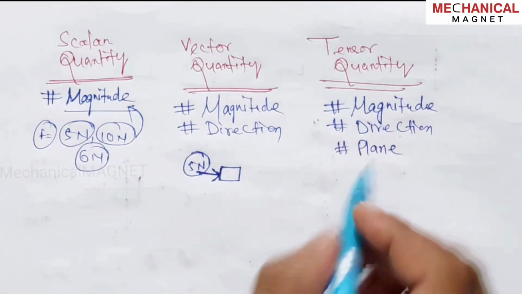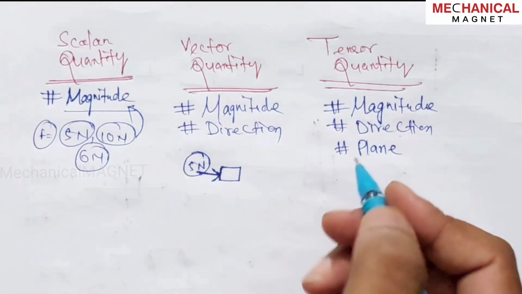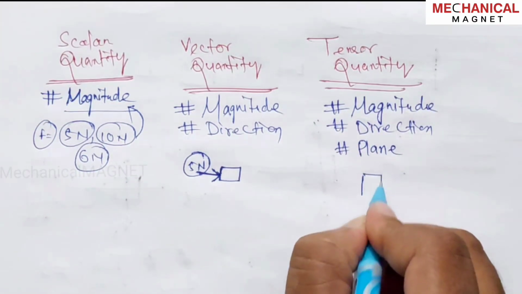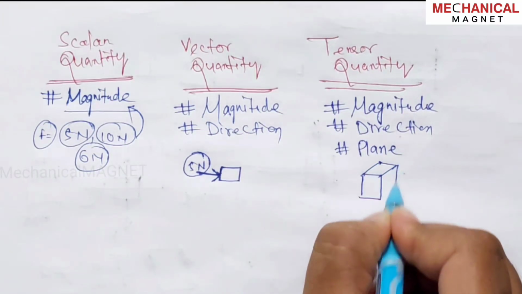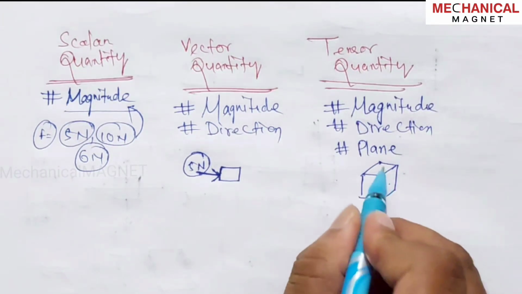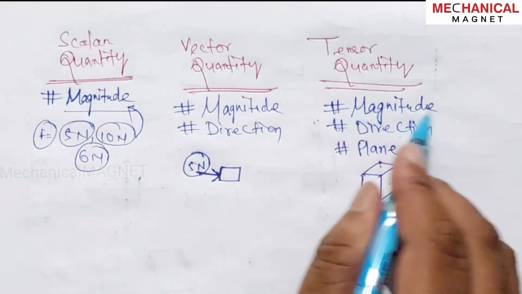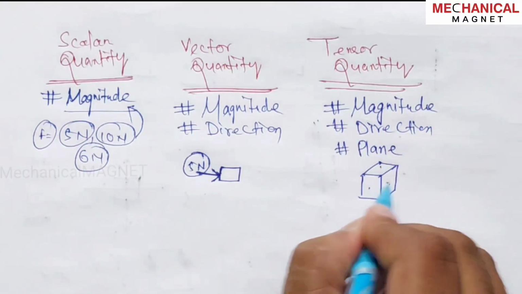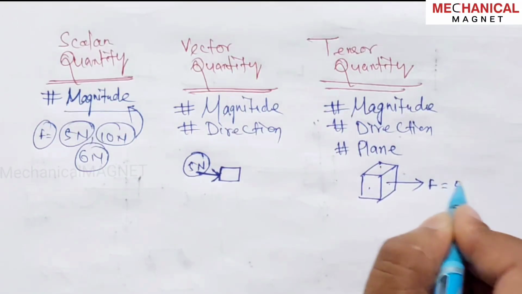Again coming to this here, magnitude, direction and plane. What happened this? So when the 3D figure is there, 3D body is there, you can see like this. Okay, this is the plane 1, plane 2, plane 3. Okay, so when the magnitude means a force size, you can see here a force F is suppose 5 Newton.